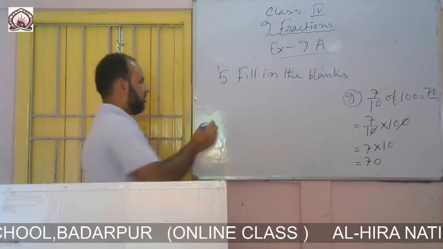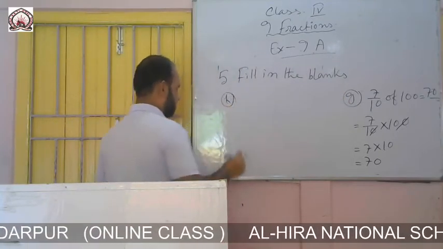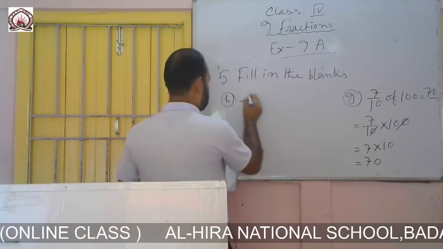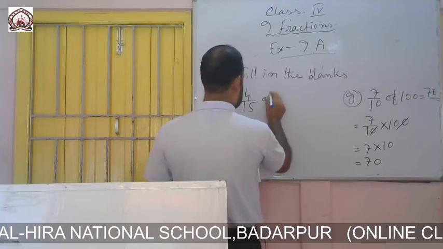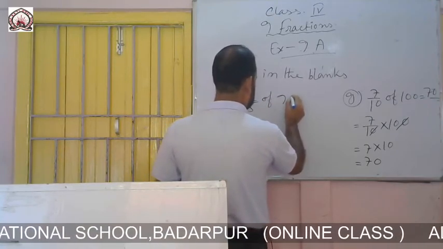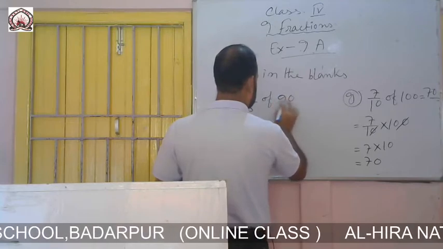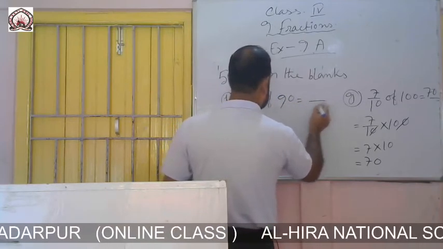Question number 5H. 4/15 of 90 equal to dash.